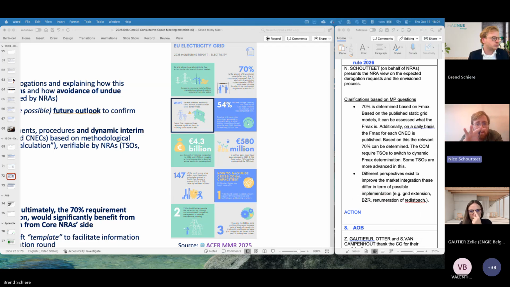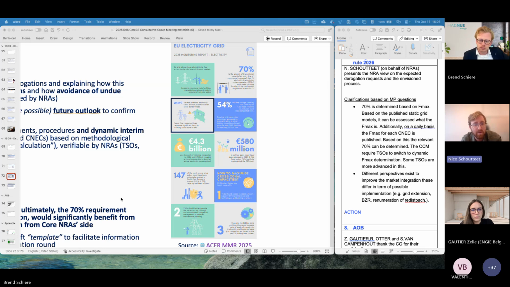But what we are doing here today is to try to ensure 70% compliance, to ensure that given the current context, given what is currently available to us, we optimize as much as possible how we use internal and cross-zonal capacities, how we take what we have and optimize the way in which we calculate cross-zonal capacity, so that we are as efficient as possible in using the existing assets to foster market integration.